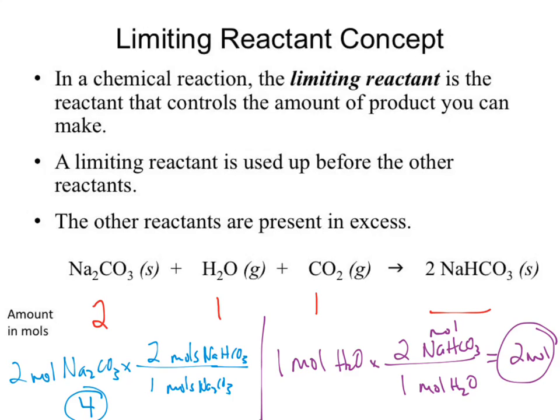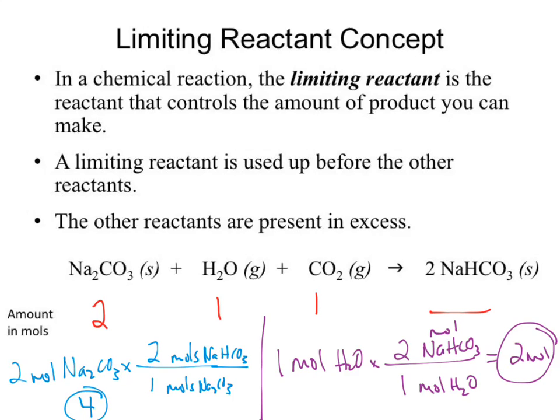As soon as I specify an amount of each of those species, you now must go through and calculate for every single one. Your limiting reagent is going to be the one that produces the smallest amount of product. That smallest amount is, oddly enough, the maximum amount you could make, because at that point, you've lost all of that species. You can't react anymore because you don't have any of that reactant left. Okay?